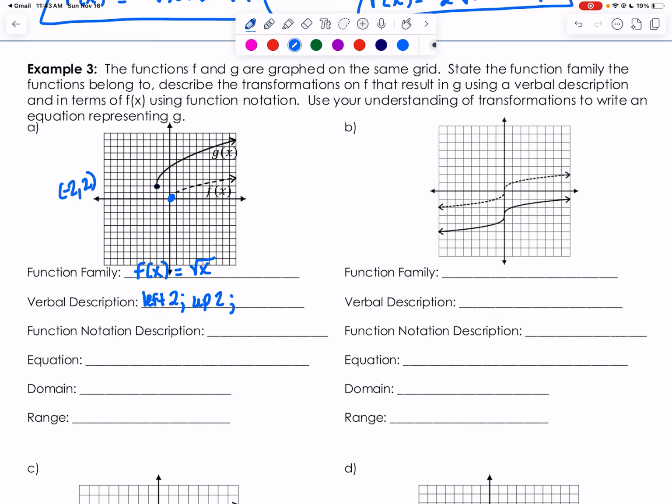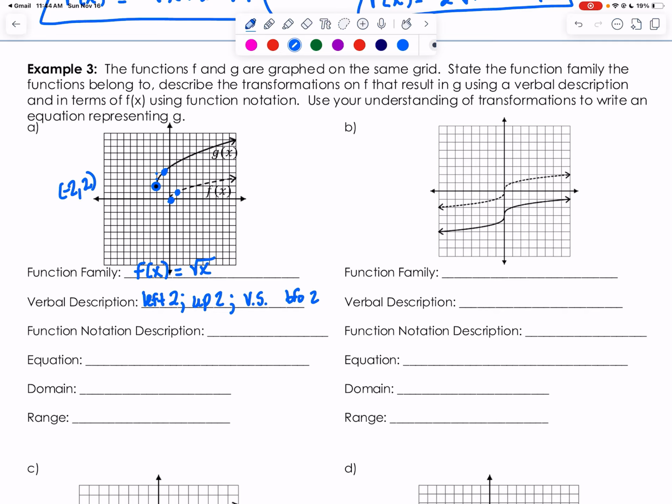So in the parent function, notice we're starting at (0, 0), and then we're going up 1 over 1. In our new function, if this is our new (0, 0), notice that it is going up 2 and over 1. So it has a vertical stretch by a factor of 2. A vertical stretch by a factor of 2.